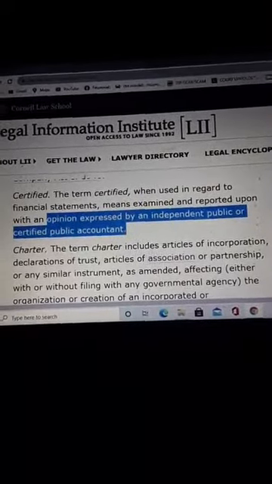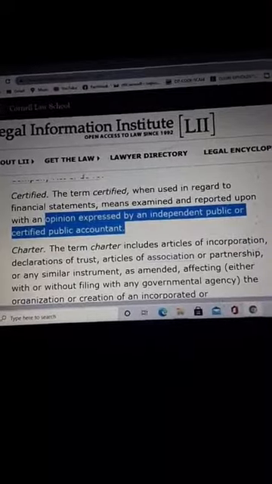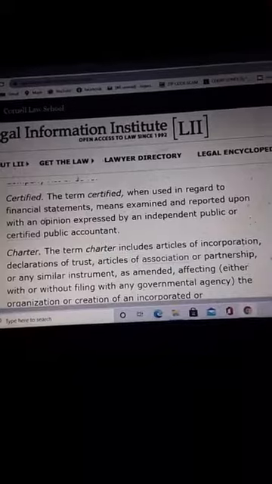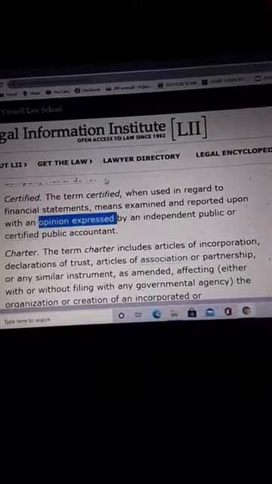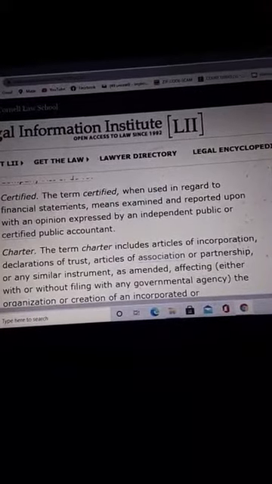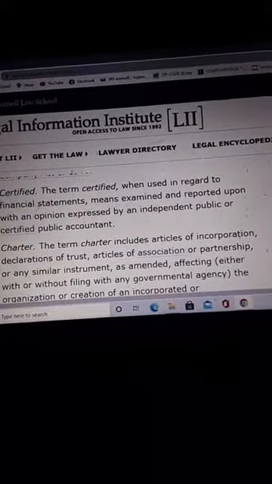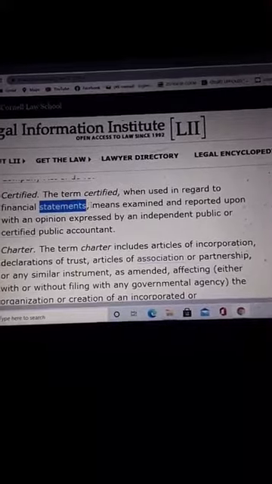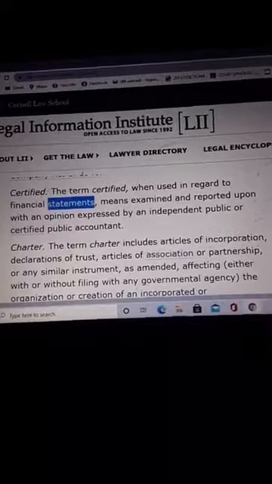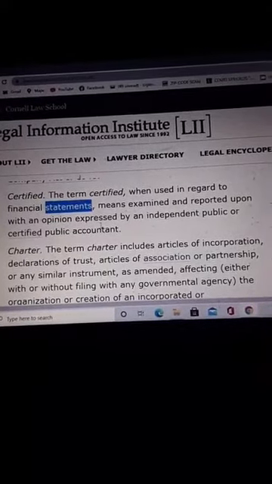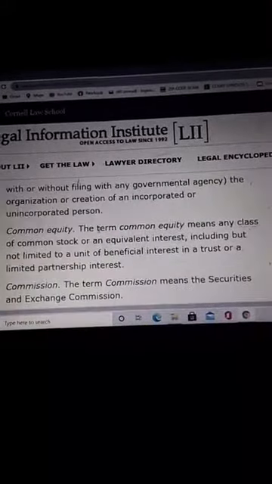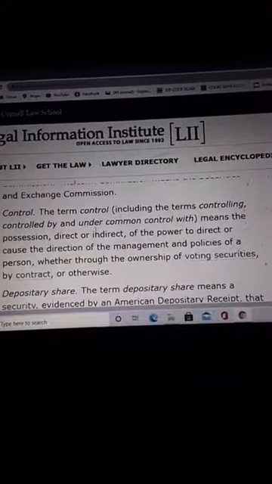The county registrar is that public accountant, and he is a public or certified public accountant whose opinion is expressed by the certification for use financially, because he abstracted information from that statement and put it in a different form.